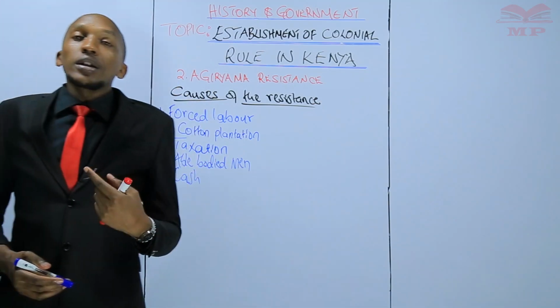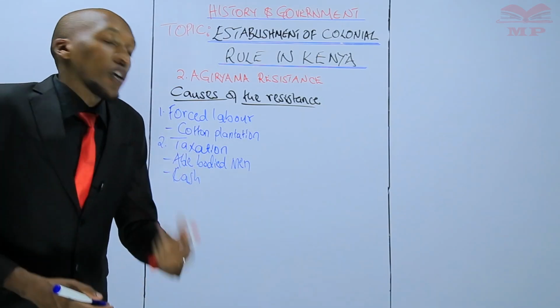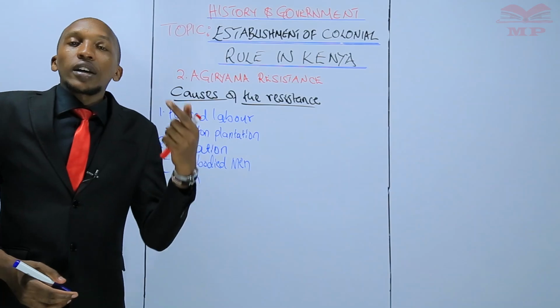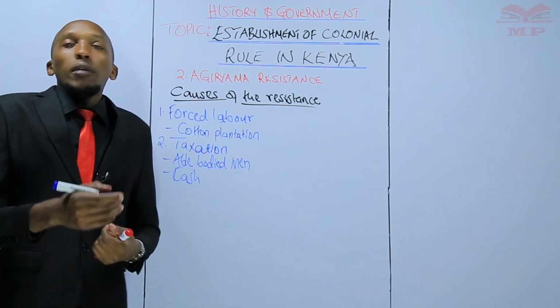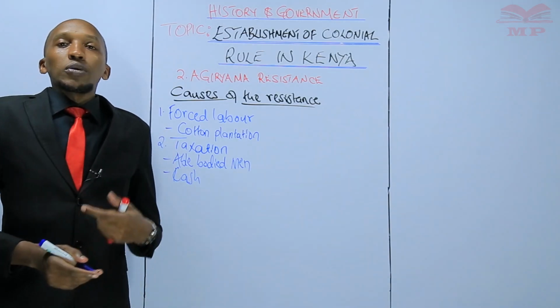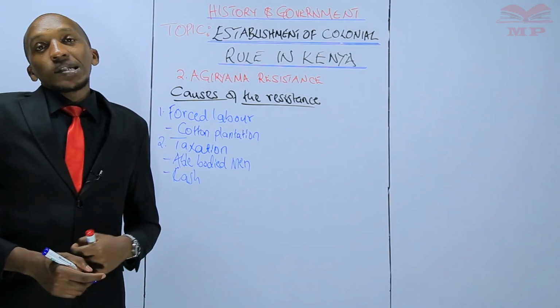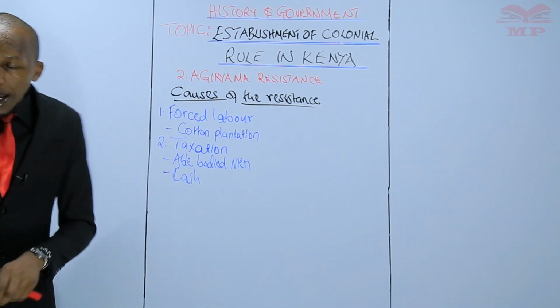Taxation had also been imposed on them so that they could be forced to go and work in the cotton farms, so that after you have worked in the cotton farm, you are paid a few rupees, which in turn you are supposed to give to the British government as tax. So that angered the people.